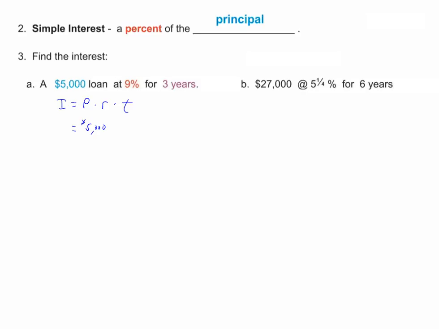Somebody else give me a spot. Chloe, give me a spot. Chloe took the rate and put it in decimal form. 0.09 is 9%. Somebody else give me a spot. Emily? For T, we put 3 years. Yep, and we could leave the years off, or you could put it in. And it's T, and we're ready to find the interest, right?